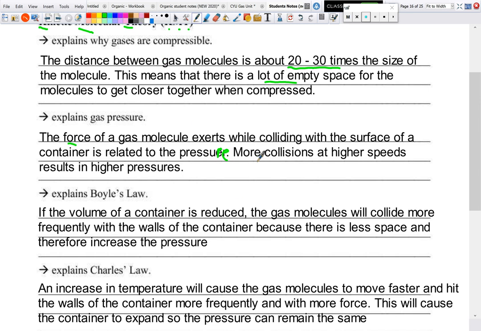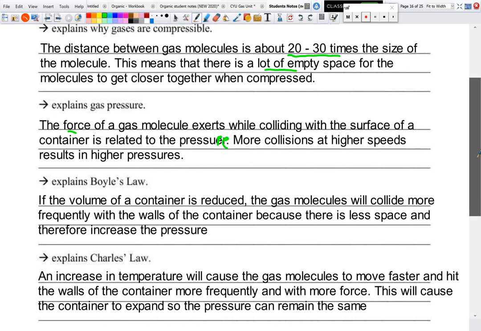What this means is the more collisions at higher speeds result in higher pressures because they're exerting more force. So basically pressure results from how many collisions there are, and of course the speed at which the molecules are hitting the walls of the container.